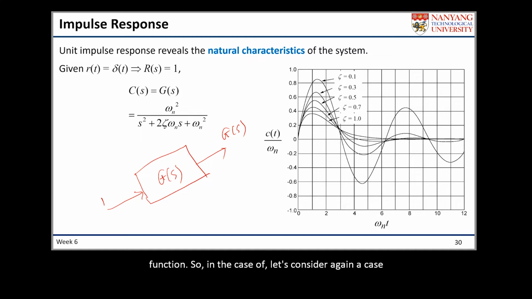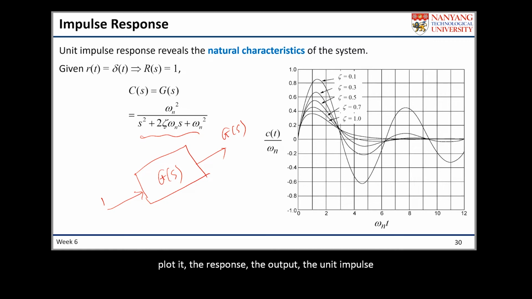So let's consider again the case of an underdamped second order system with a DC gain equal to 1, so our K here is 1, right? So our transfer function G(s) will be like this. The output in the Laplace domain will also be equal to G(s). Okay, this one.